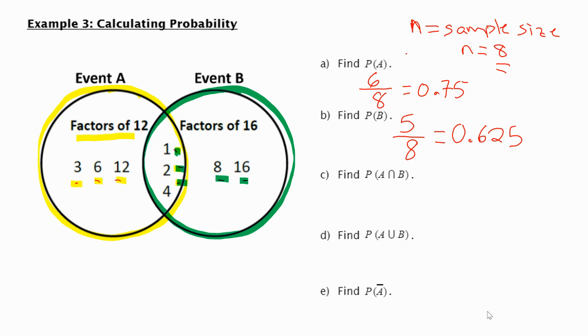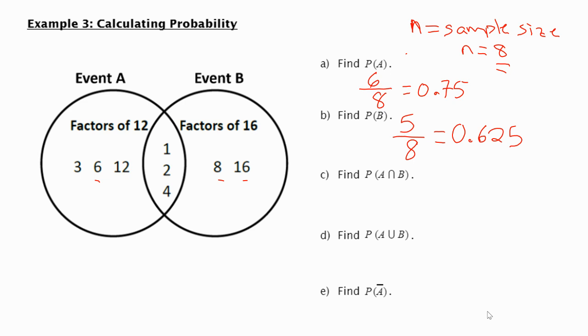For intersection and union, again, same thing. We're using the Venn diagrams here. We're still taking it out of our total possible, which would be 8. So all of these are going to have it be out of a sample size of 8. So the intersection, if you remember from the previous slide, we were focusing on, I'm going to erase this out here, we were focusing on values that fall within both of these circles, right?